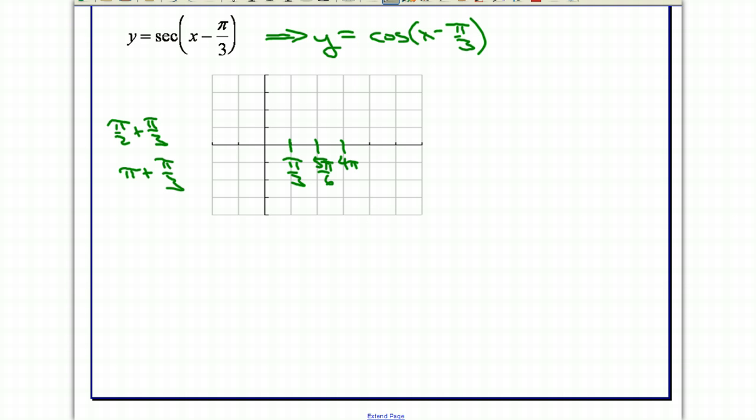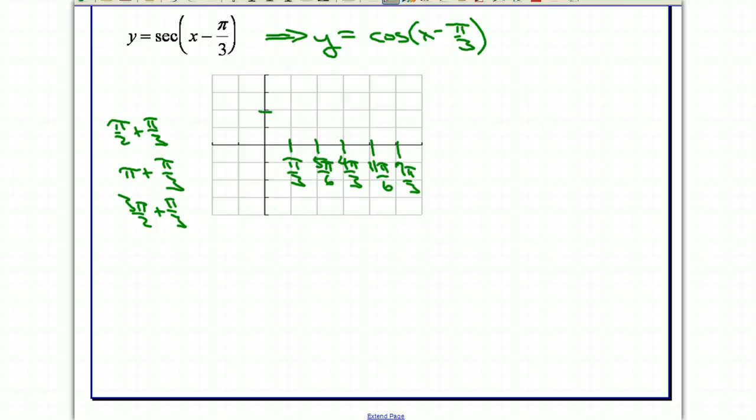I'm not going to take too much time on this because I've seen in class that you guys can do this. 3 pi halves plus the pi thirds is 11 pi sixths. And 2 pi plus a third is 7 pi thirds. Sorry for the hesitation there. We've got that. And a secant, again, is reciprocal cosine.